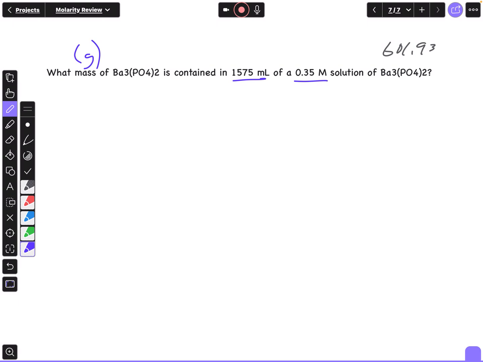All right, so it wants my answer in grams, but when I look at my equation, it says molarity is equal to moles divided by liters. So how can I get my answer into grams? First, I would need to solve for moles, and once I find my moles, I can convert to grams.